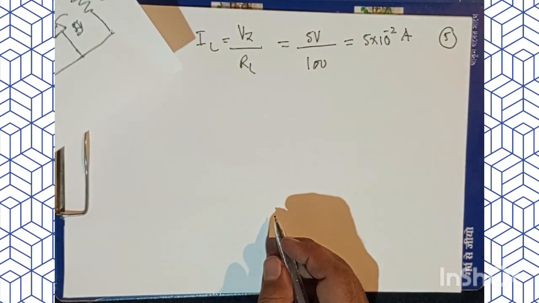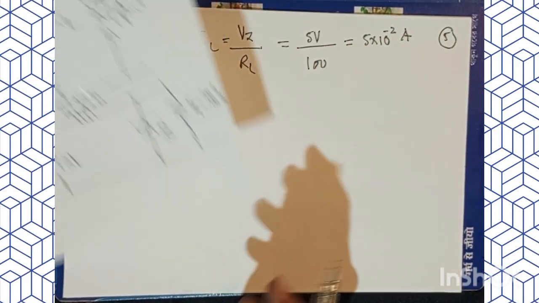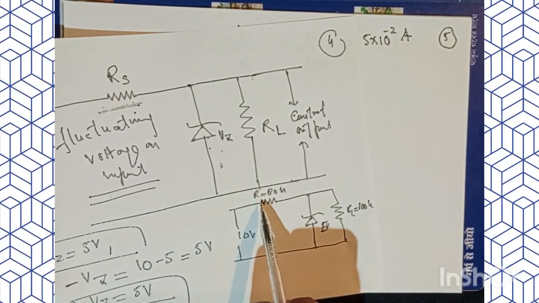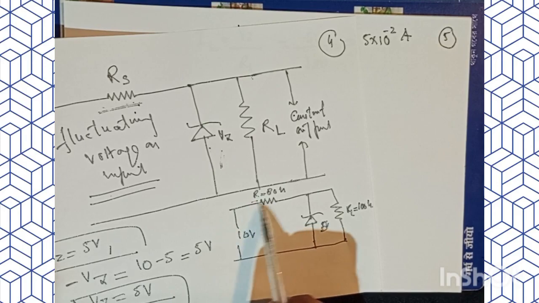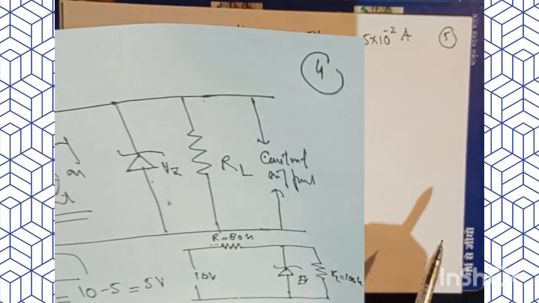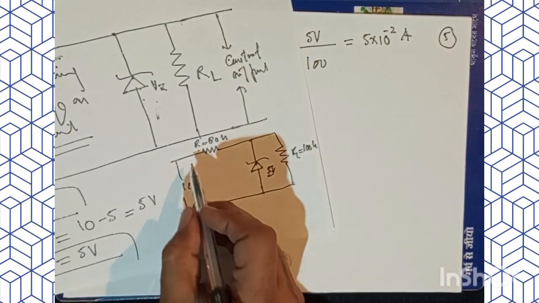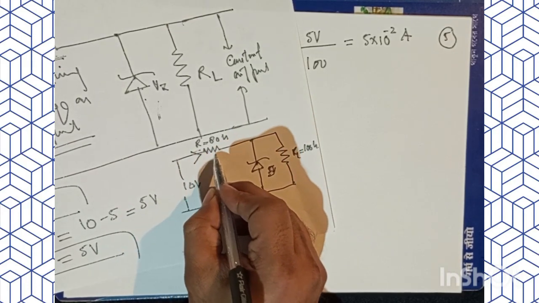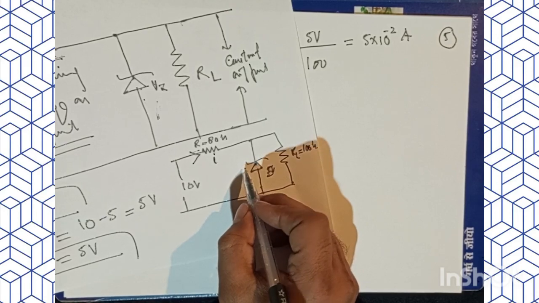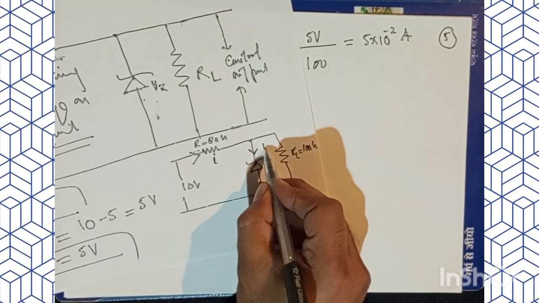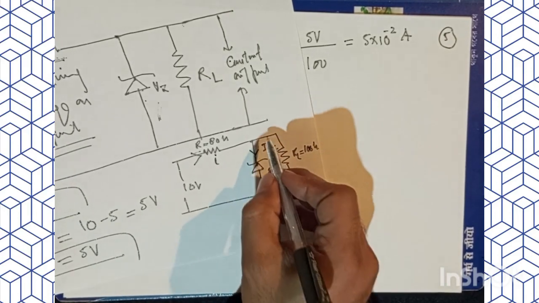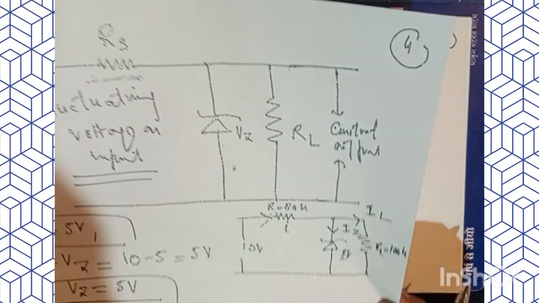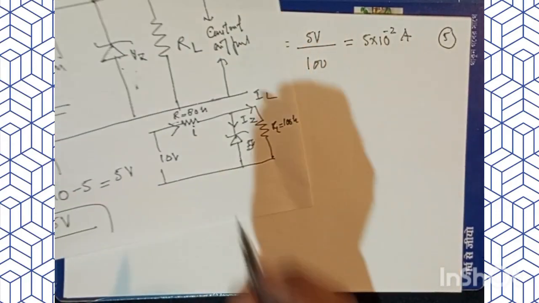Hence, the current through R. So I must show here the current I. Then the current through the zener diode will be IZ, and here the current through the load is IL. So I can immediately think in terms of Kirchhoff's law at this junction.